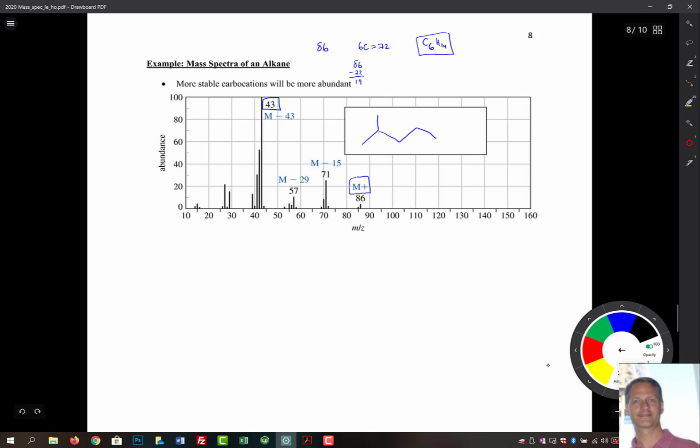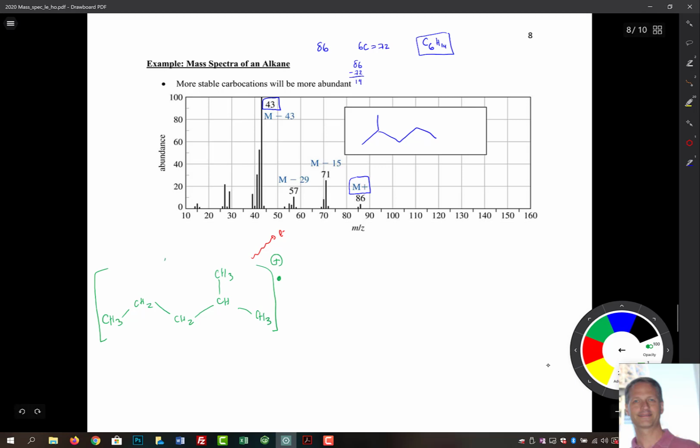So I want to start off here by drawing this out as CH3, CH2. Put all our carbons in here. It'll help us keep track of what's going on as far as our cations and stuff. And so as this goes through, that electron beam flies in and kicks off a single electron, right? So we have a loss of an electron from this molecule.